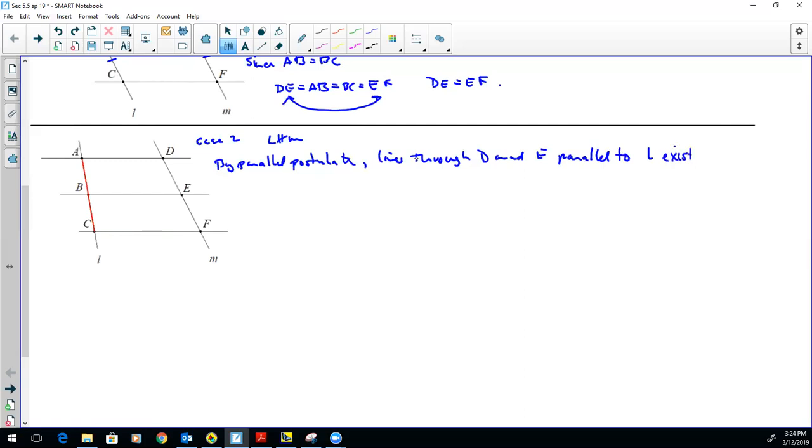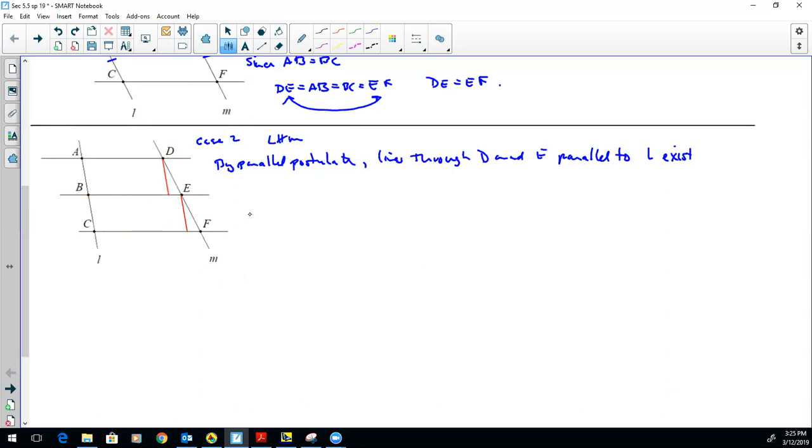Okay. So what I'm going to do then is draw such a line through D that's parallel to L. And I'm not really concerned with the whole line. I just want the part that goes down to line BE. And I want the line that's parallel to L that goes through E as well. And again, I'm not going to draw the whole line. I'm just going to go to where it intersects with CF.